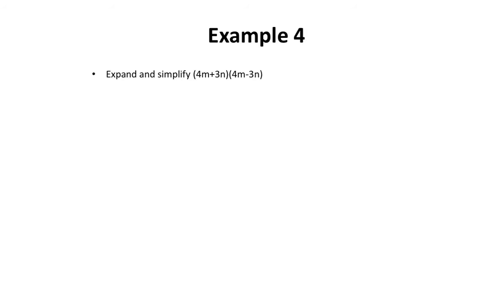In our fourth example, we want to expand and simplify 4m plus 3n multiplied by 4m minus 3n. Again, you'll notice that we have two binomials which are exactly the same except one of them has an addition sign and the other has a subtraction sign. Because of this, we can go ahead and use the shortcuts.